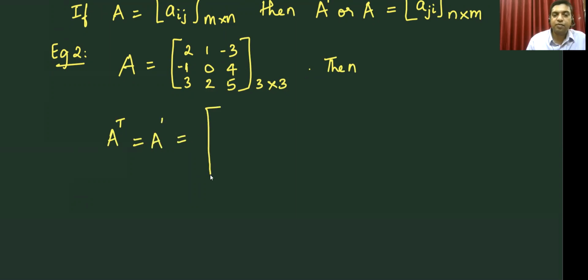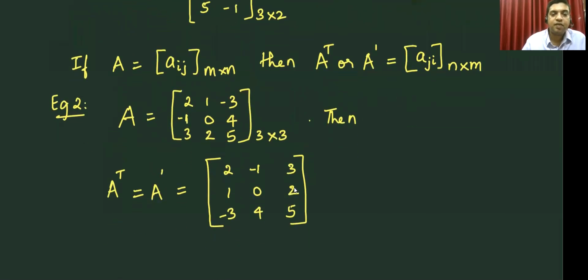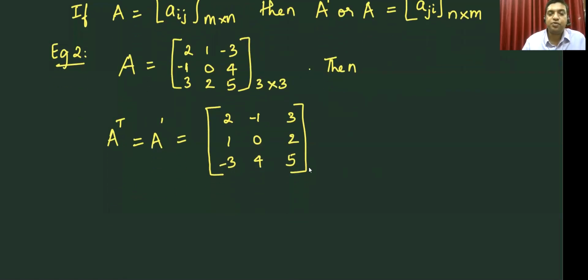What will the transpose be? Please tell me. The first column here is 2 minus 1 3. This becomes the first row: 2 minus 1 3. Then the second column is 1 0 2. That becomes the second row: 1 0 2. Then the third column becomes the third row: minus 3 4 5. Okay. So this is the transpose of a matrix.